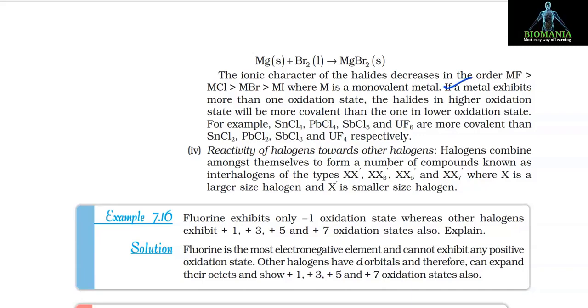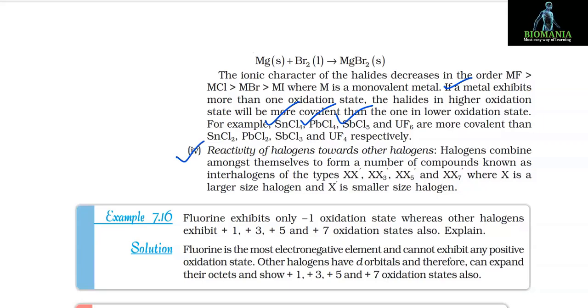If a metal exhibits more than one oxidation state, the halides in higher oxidation state will be more covalent than the one in lower oxidation state. For example, SnCl4, PbCl4, SbCl5 and UF6 are more covalent than SnCl2, PbCl2, SbCl3 and UF4 respectively.